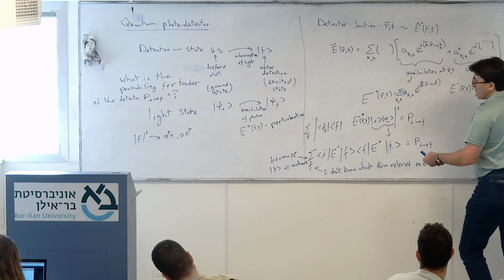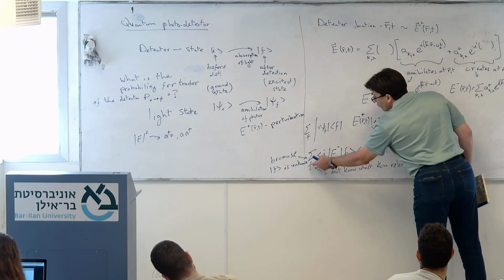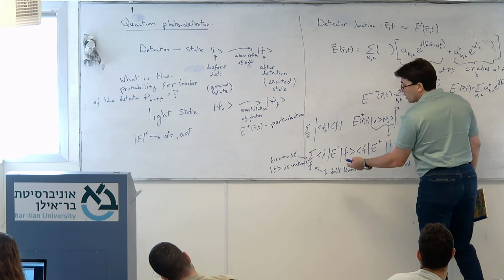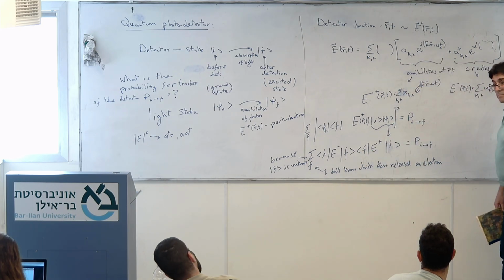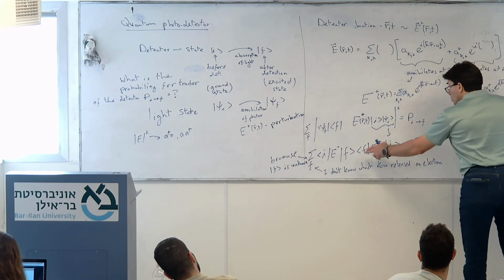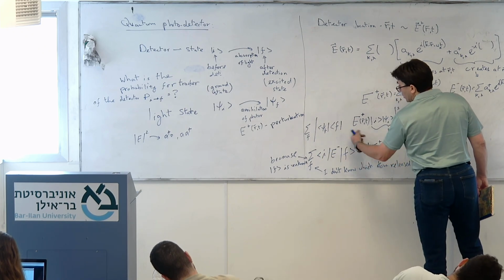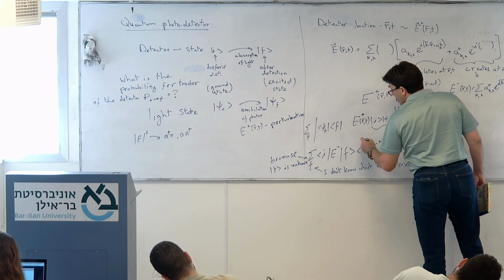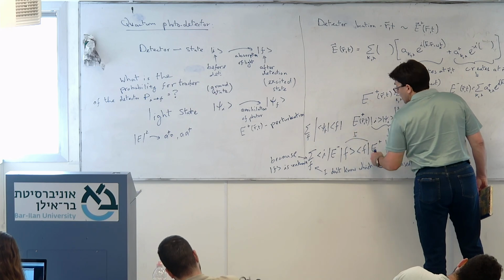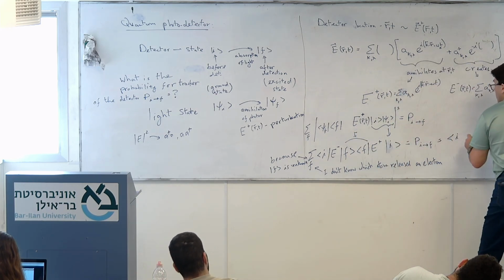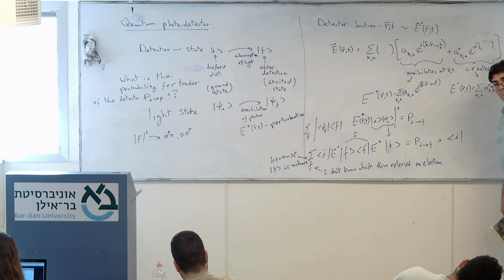So that means, and now you can see here, the sum over all final states of this is actually unity. So sum over F of F becomes just the identity operator. So this is simply, tell me what the initial state was of light and detector.